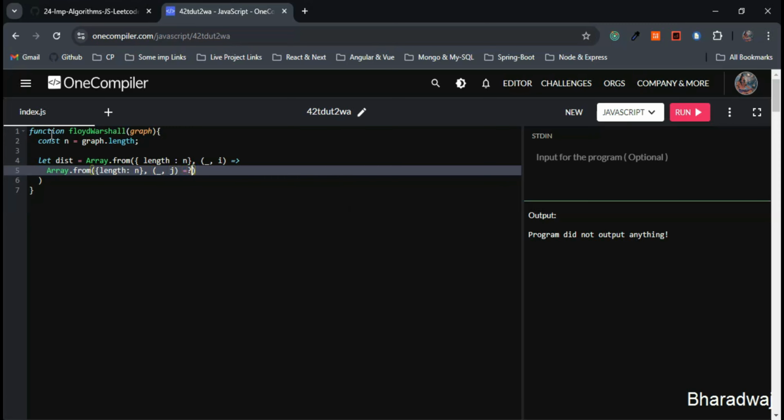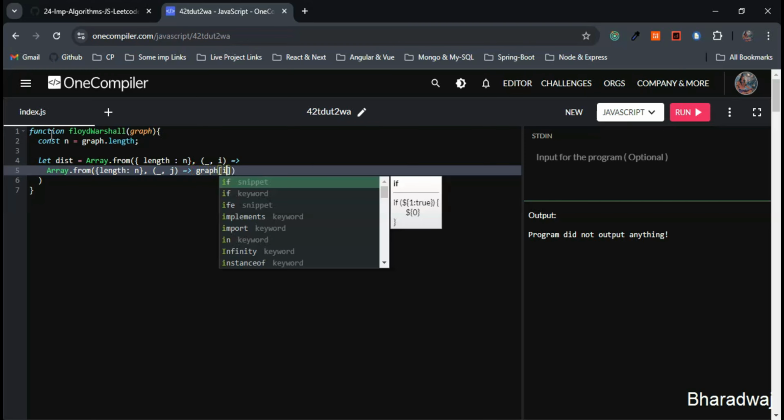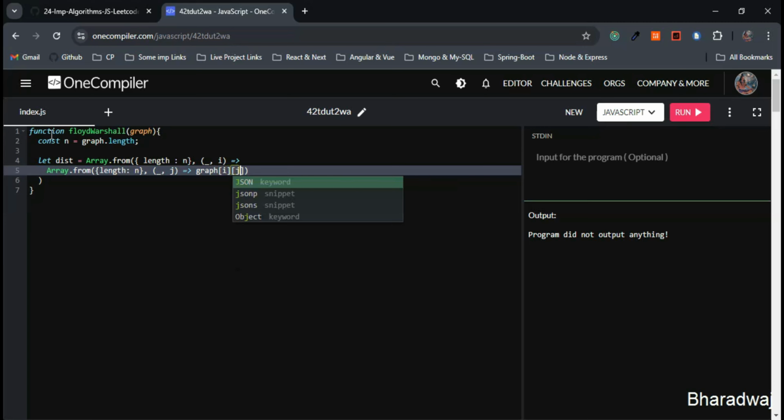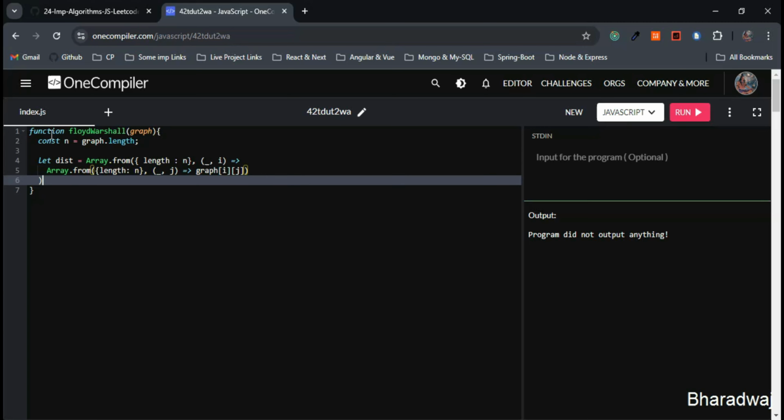Finally, this has to be a 2D array representing the adjacency matrix, right? So we are making use of a 2D array. That is the reason we are going like this. So this has to be graph of i and j. Let me write this as graph[i][j]. I hope this is clear.